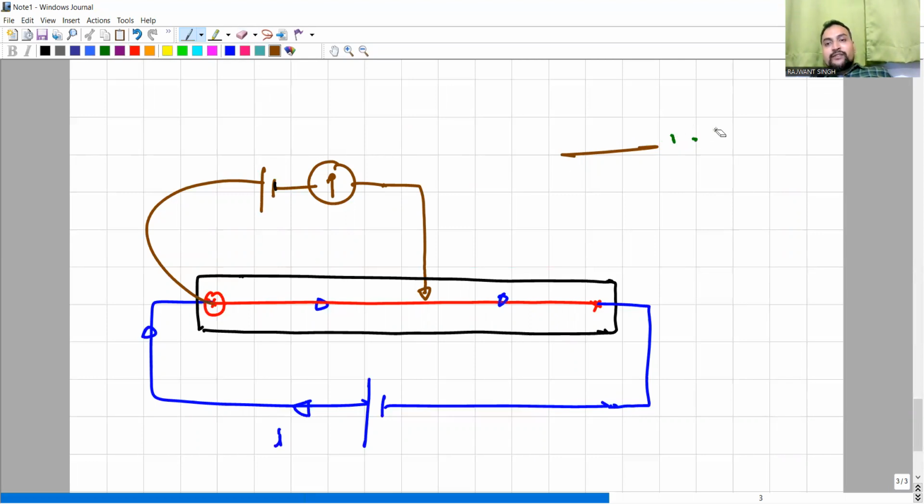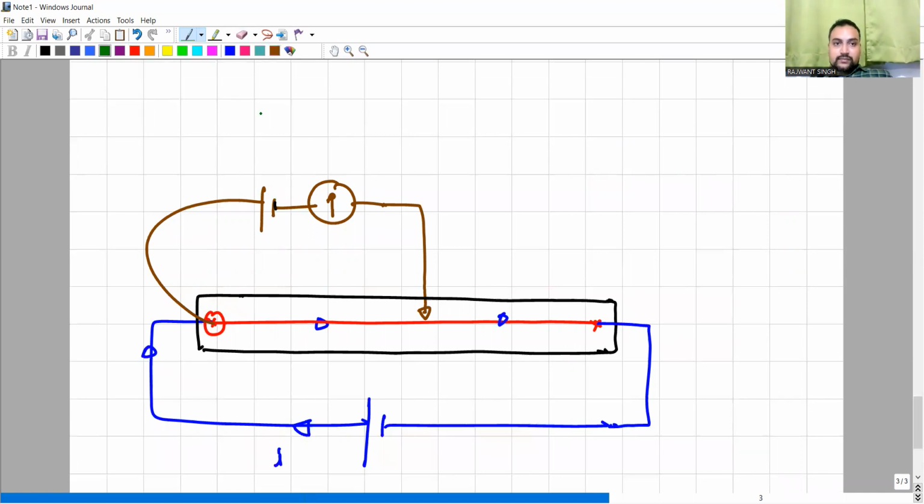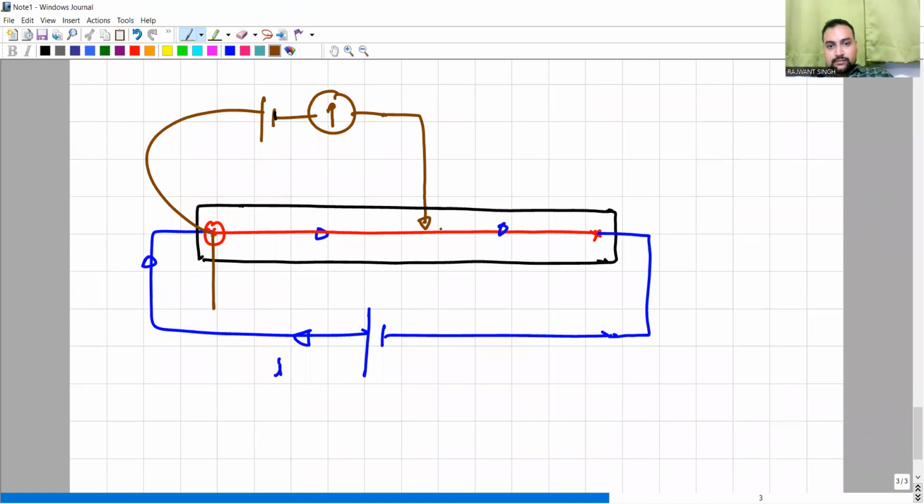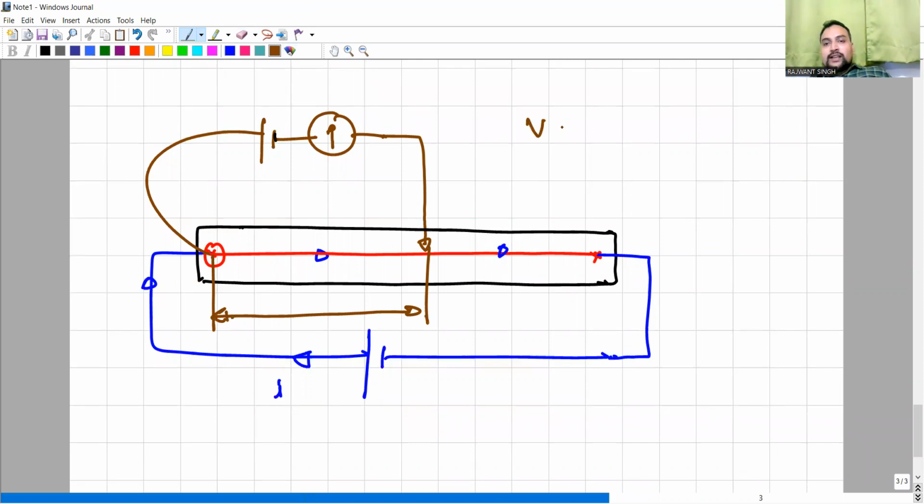Now, what does it mean? We know that the potential drop across these two points is directly proportional to the length.